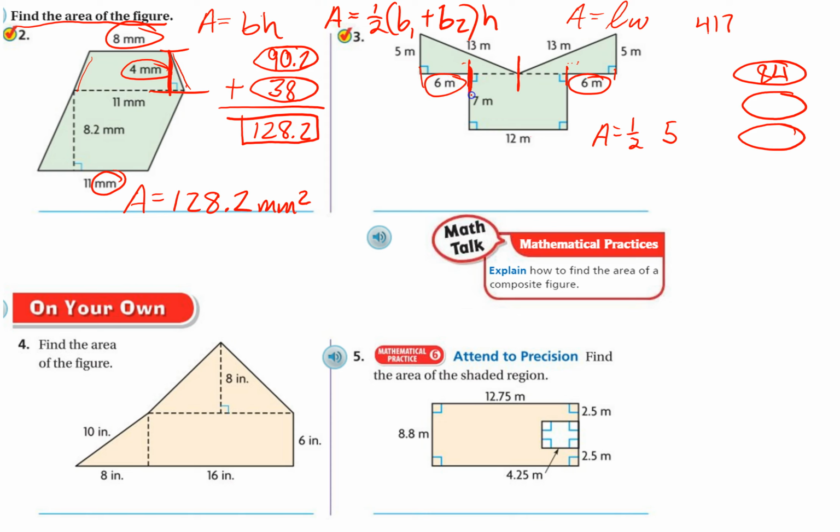And we know from here to here is 12, and we've broken that 12 directly in the middle. So if we take 12 and divide it in half, each side is going to be 6 as well. So the length here, or the base, is going to be this 6 plus this 6, so 12.